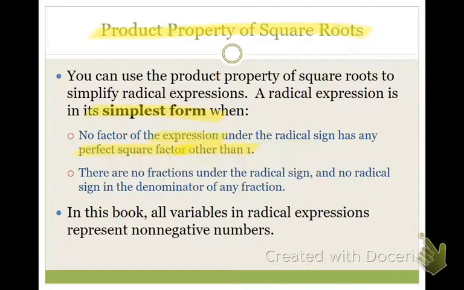Another thing is you cannot have a radical in the denominator, so you could just write in your notes, no radical signs in the denominator. So nothing under the radical that has perfect square factors and no radical sign in the denominator. That's how you know if the expression is in simplest form.